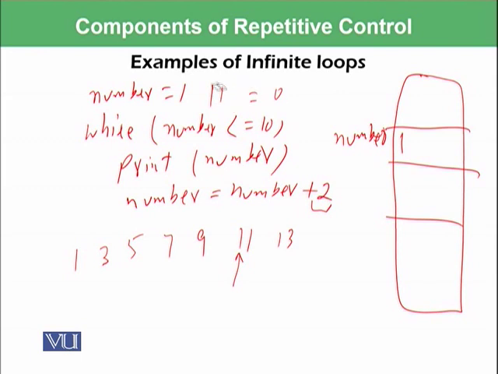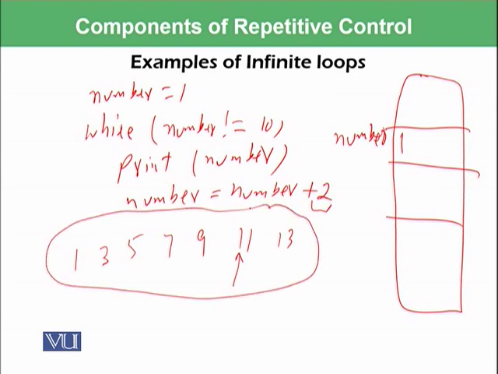However, if we write at this place number is not equal to 10, because until 10 we want to execute, then you can see that in this pattern we have not found 10 anywhere. So this means this loop will become an infinite loop, and this loop will never terminate. It will keep on running.